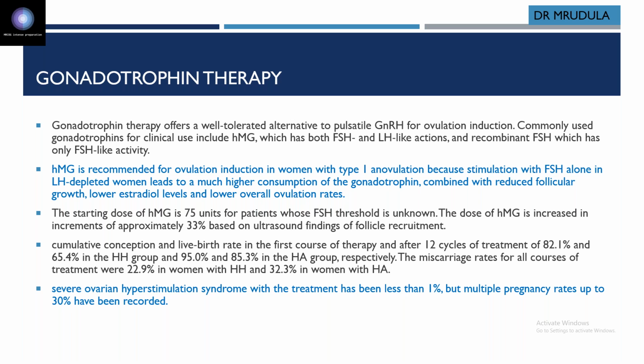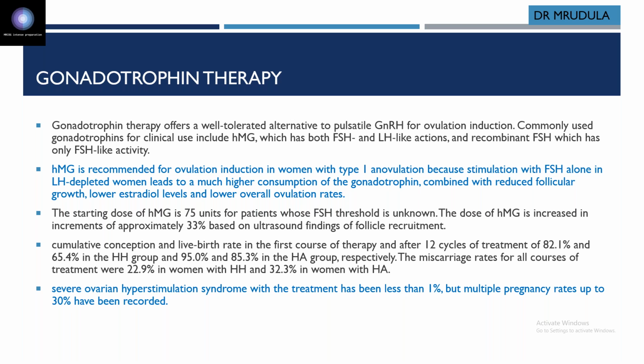depending upon ultrasound follicular monitoring. Cumulative conception and live birth rates with HMG, in the first course and after 12 cycles, are 82.1% conception rate and 65.4% live birth rate in hypogonadotrophic hypogonadism, and 95% and 85% in hypothalamic amenorrhea.